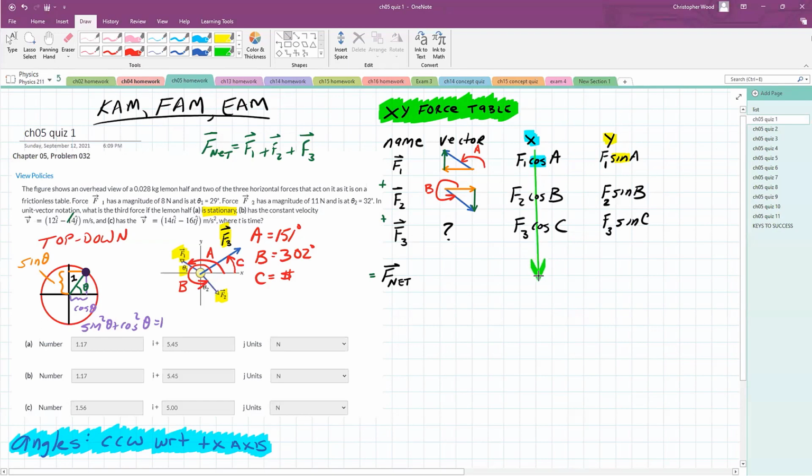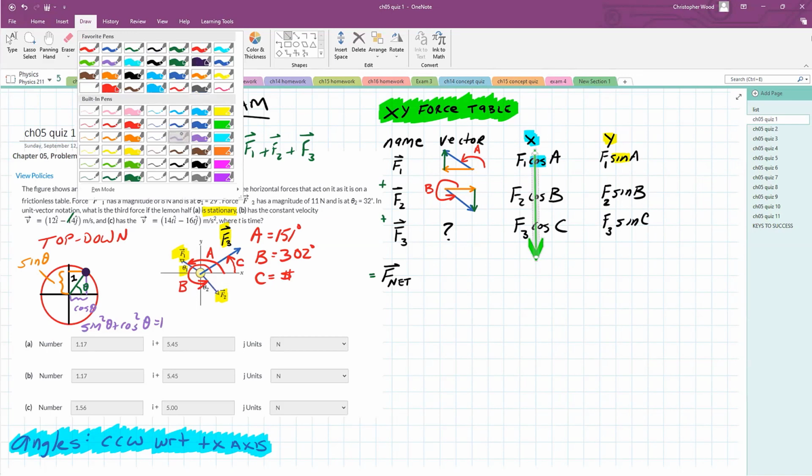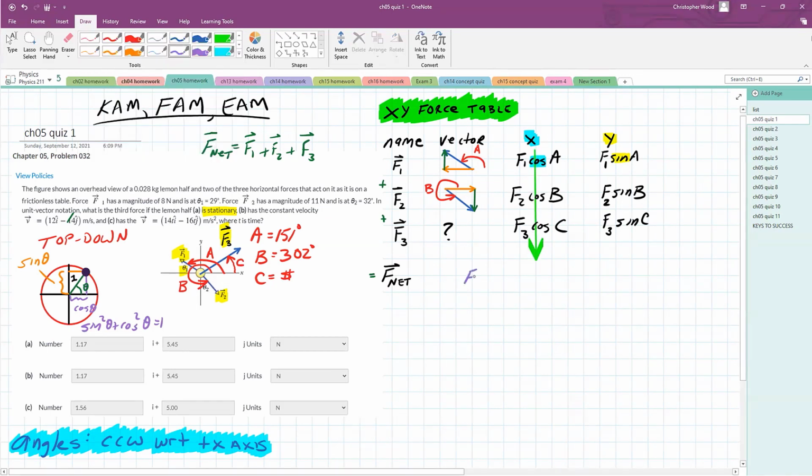So when I add all of these X components together, I get F1 cos A plus F2 cos B plus F3 cos C equals F net.